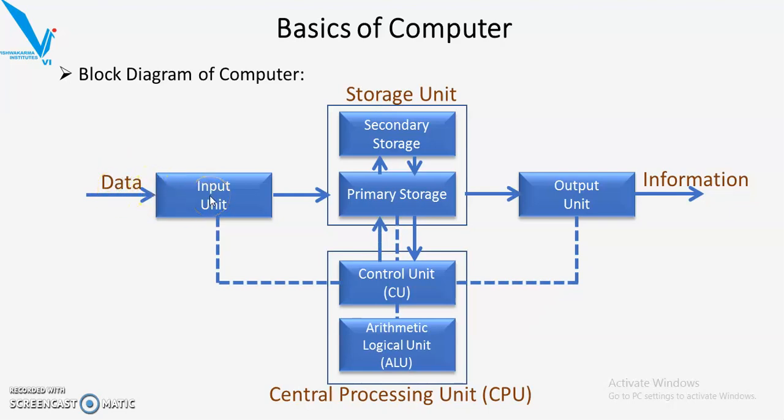This input is translated into the binary and accepted by the computer, stored in the storage unit temporarily or say permanently, processed by the CPU, and again it can be stored into the storage unit. It also produces an output which we are referring as an information.